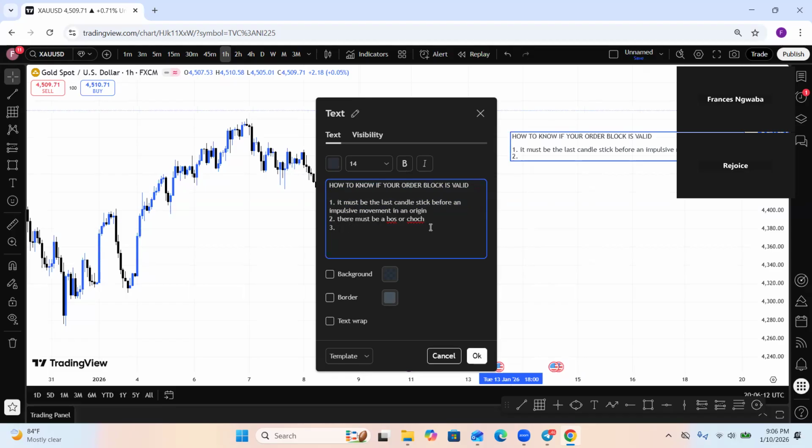Okay, let's write it as liquidity must be present. Then number four, it must be unmitigated. And number five, there must be a fair value gap. Okay, FVG must be present.